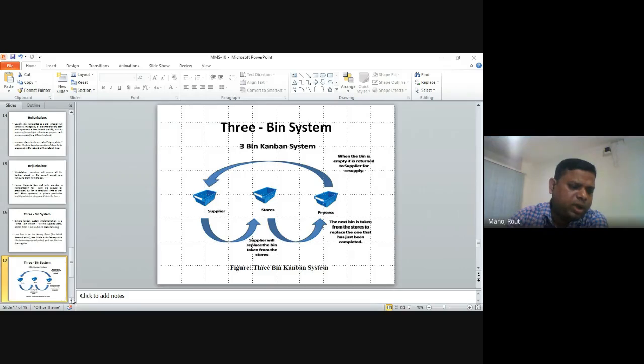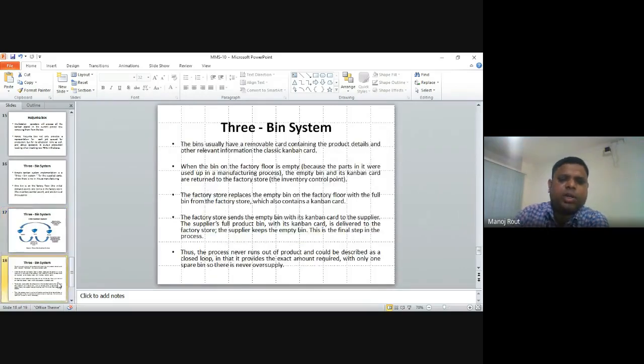Then moving to the next one. In case of the 3-bin Kanban system, the bins usually have a removal card containing the product details. In a Kanban system, it is a signal or a signboard which contains all the information related to your job. Here, the same thing happens.